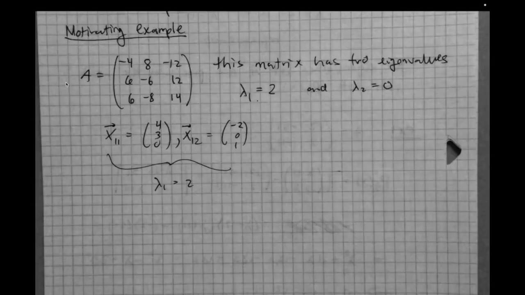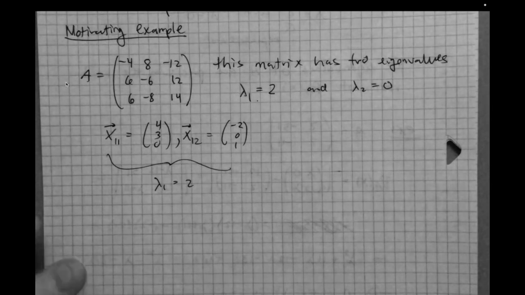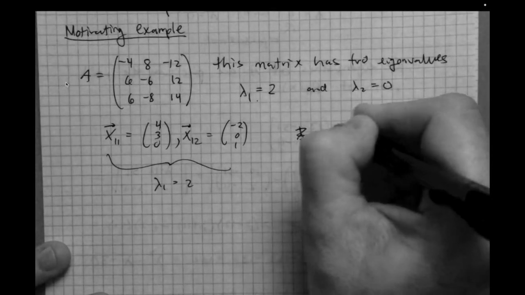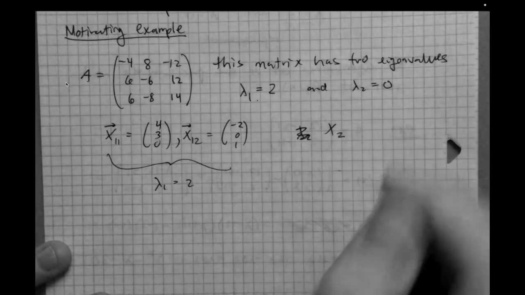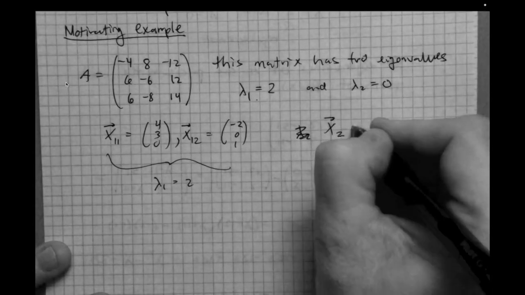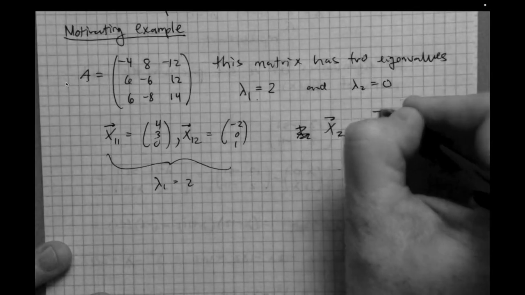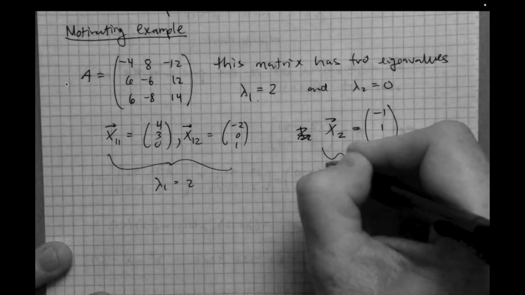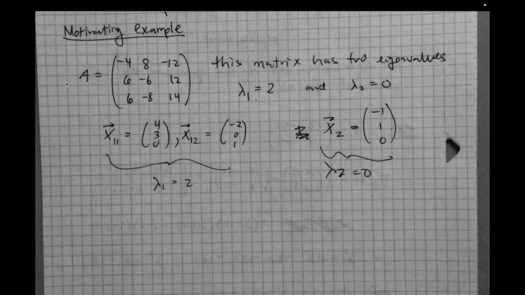You can spin up an infinite variety of versions of x11 and x12, but these two are incompatible: one is not a scalar multiple of the other. Then for λ2, we have the vector x2, which is -1, 1, and 0.